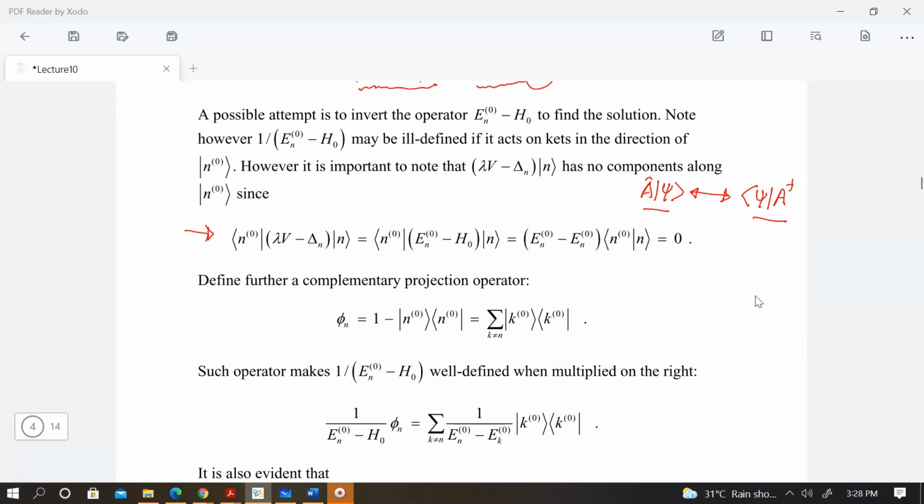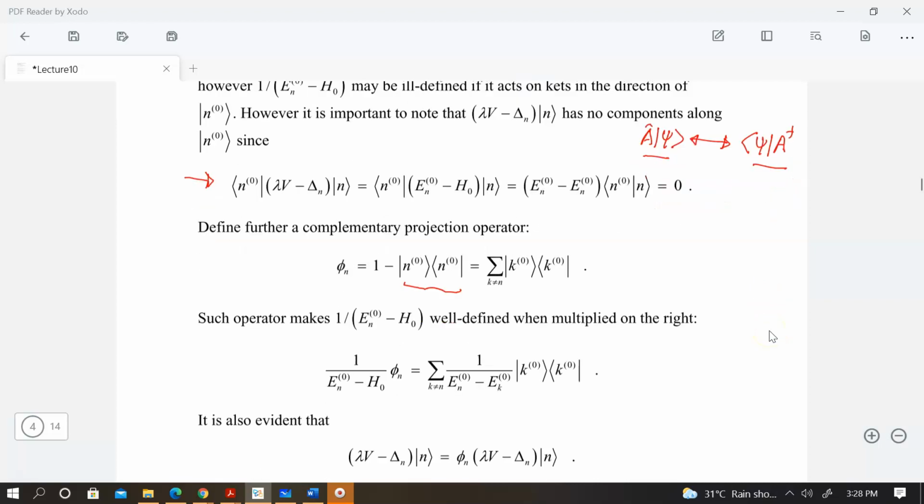We just simply remove from the identity this component that finds things parallel to n naught. So you remove it away, then you find all the components which are not parallel to this. Here there is a sum going from k not equal to n, over all possible k. So it projects out all the n naught direction.